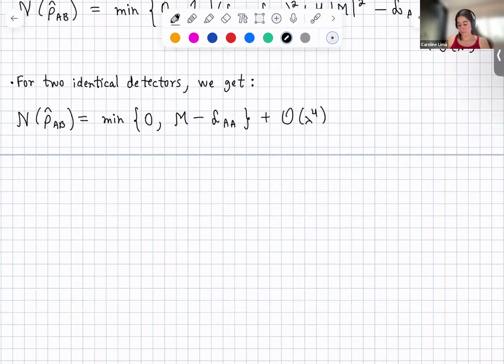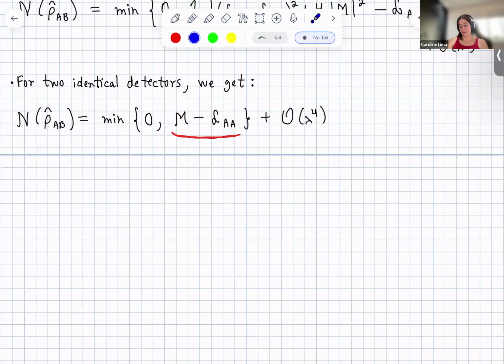So you can think of this answer as some sort of fight between m and LAA. This LAA, which is just the excitation probability for each of these detectors, acts somewhat as a noise, trying to compete against the term that is driving this entanglement.